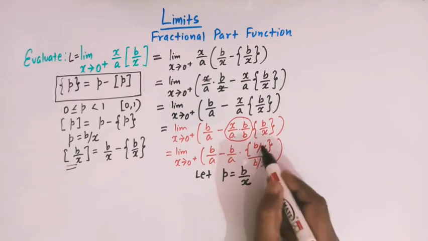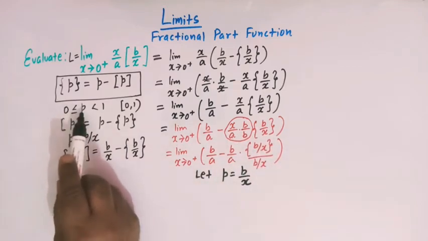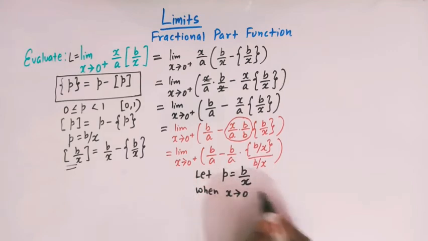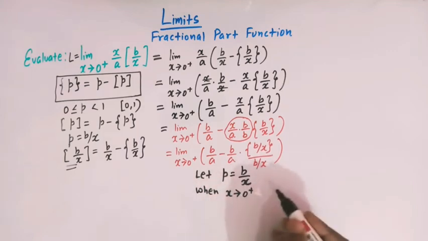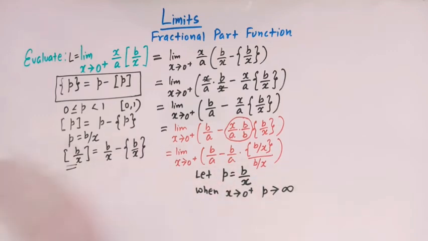So here we'll substitute p is equal to b over x, where this p lies between 0 and 1, and see, when x tends to 0, then obviously p tends to infinity, right? Because here we'll have b over 0, so when x tends to 0, then p tends to infinity, right?